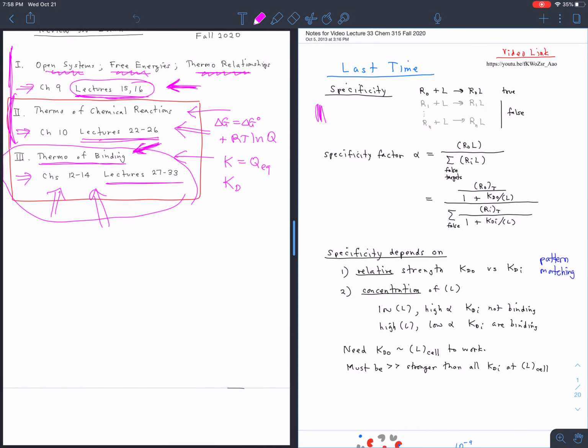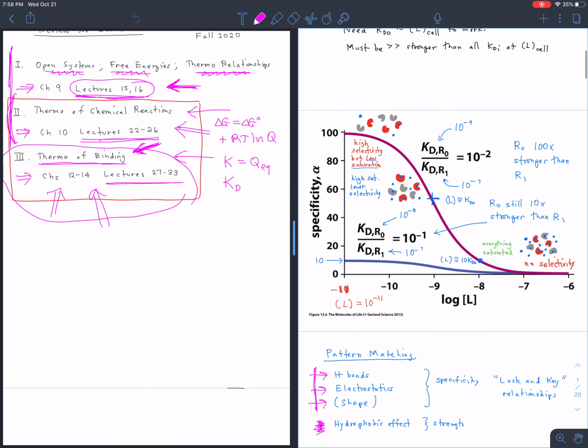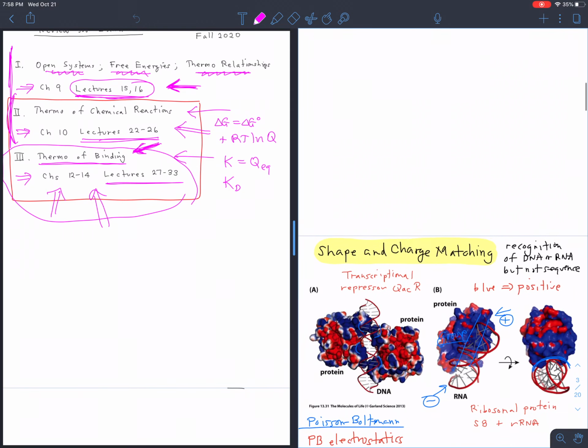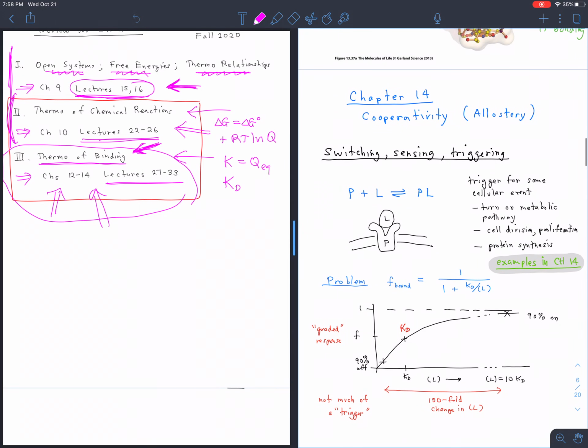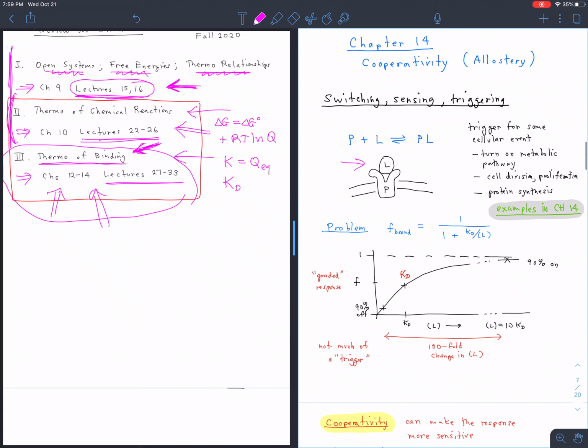And this is our last lecture, actually, so the end of this review. Talking not about specificity anymore, but about cooperativity, and this is all review, and switching behavior, right? The problem is that if you want to get binding to a receptor, a switch of some kind, or a sensor of some kind, or a trigger of some kind, then you need a huge range of concentration.